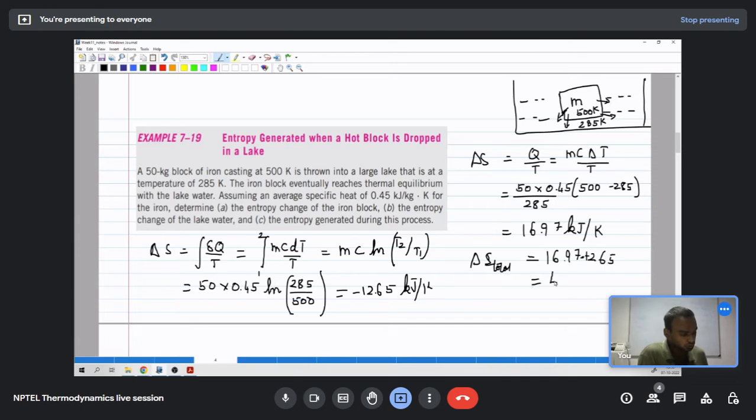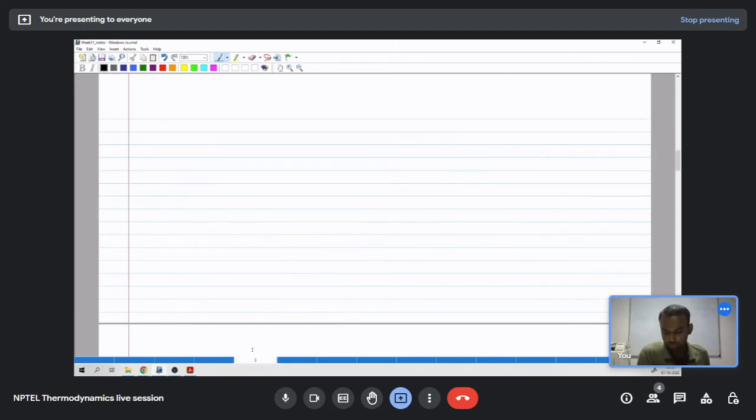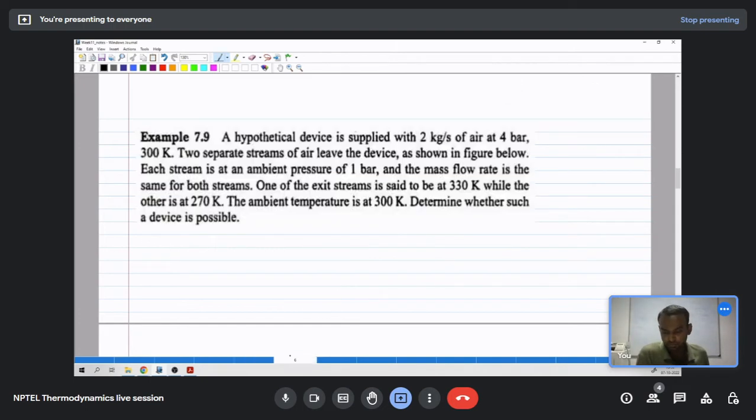So this is 4.32. I hope this problem is clear. Moving on to the next problem.